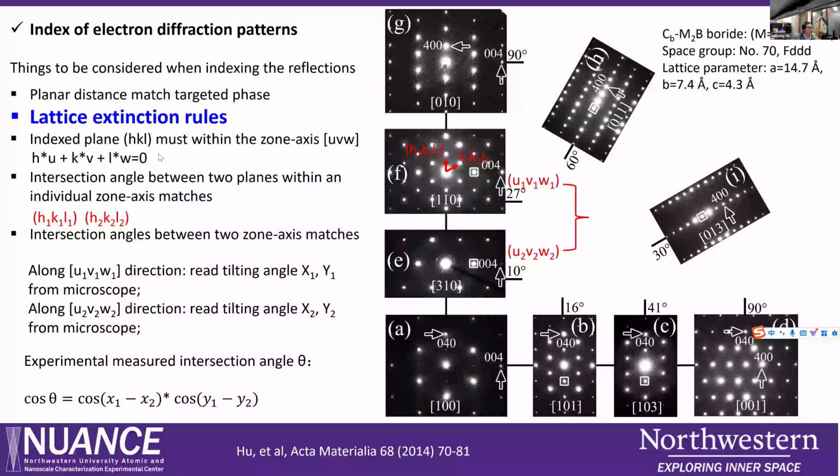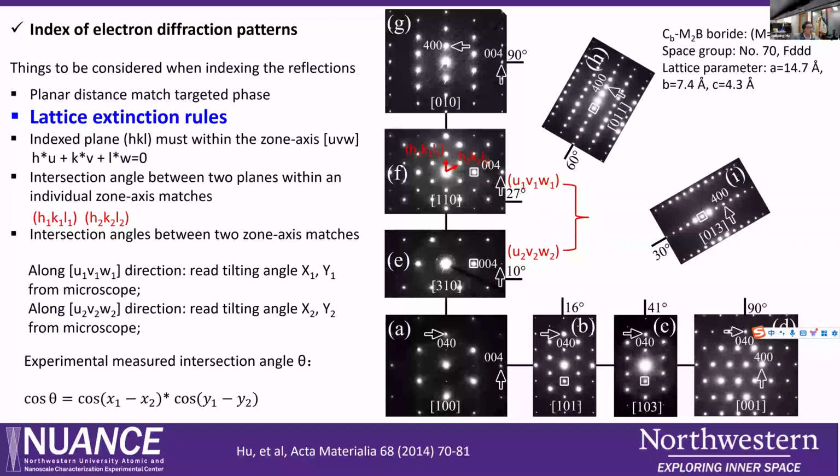The third thing you need to pay attention to is that the indexed plane must be within the zone axis of the diffraction and must meet this rule: h times u plus k times v plus l times w should be 0. For example, in this image you can pick any one, like F. If I index 004 and multiply 004 by 110, it's 0.